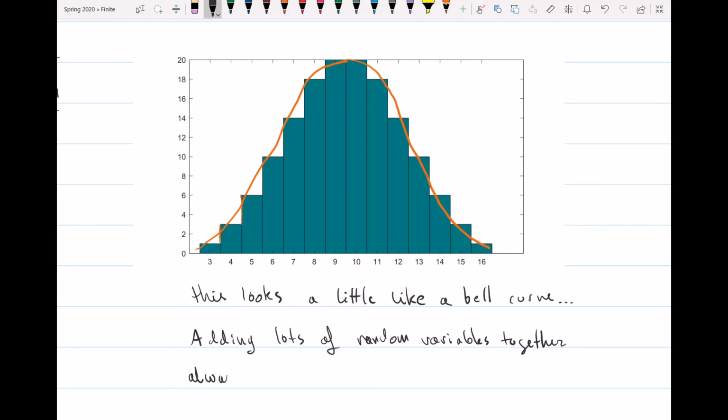Always results in a bell curve like shape.